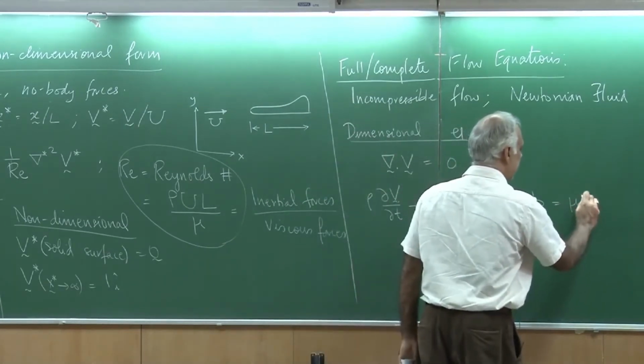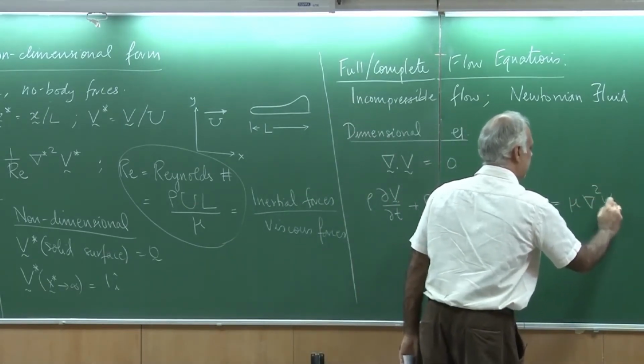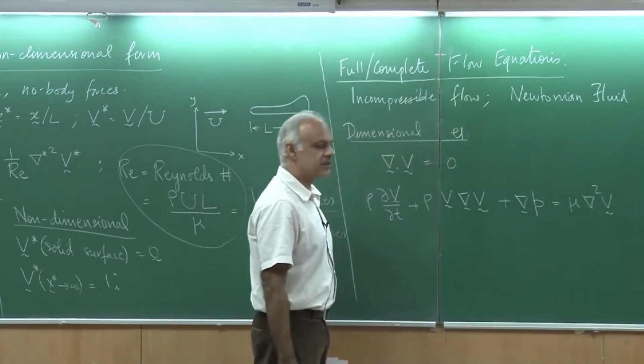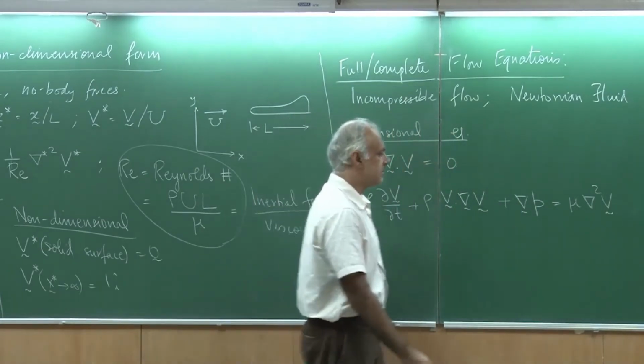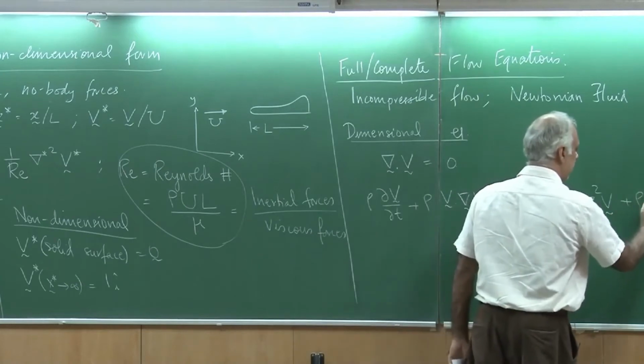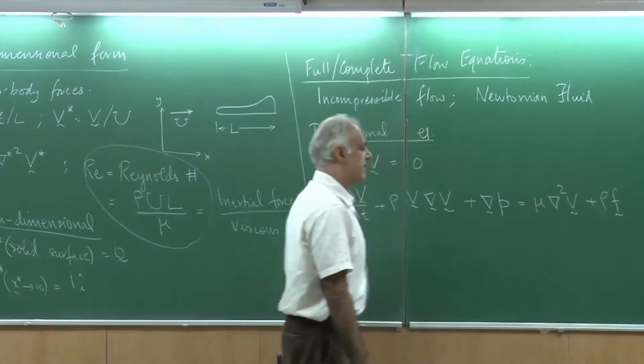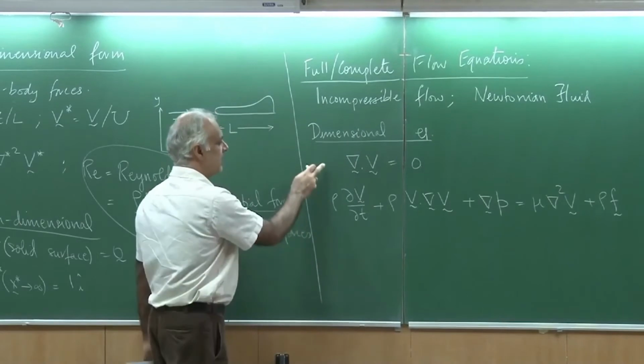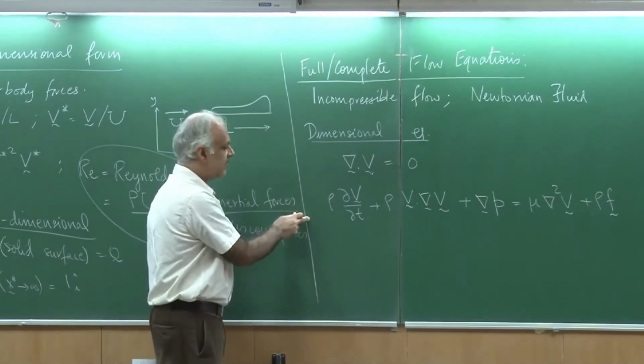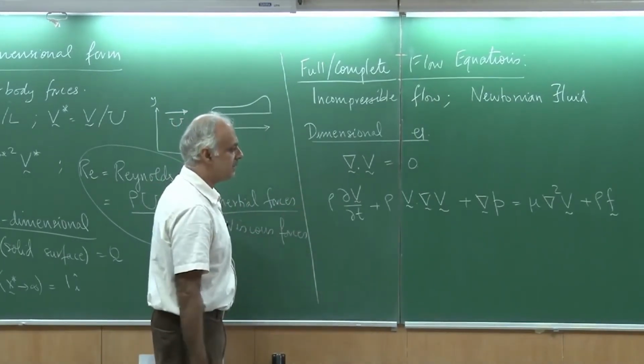This is mu times the Laplacian of velocity, so that's the viscous term, plus rho times a body force. Okay. So the continuity equation and the momentum equation, which is essentially a balance of forces.